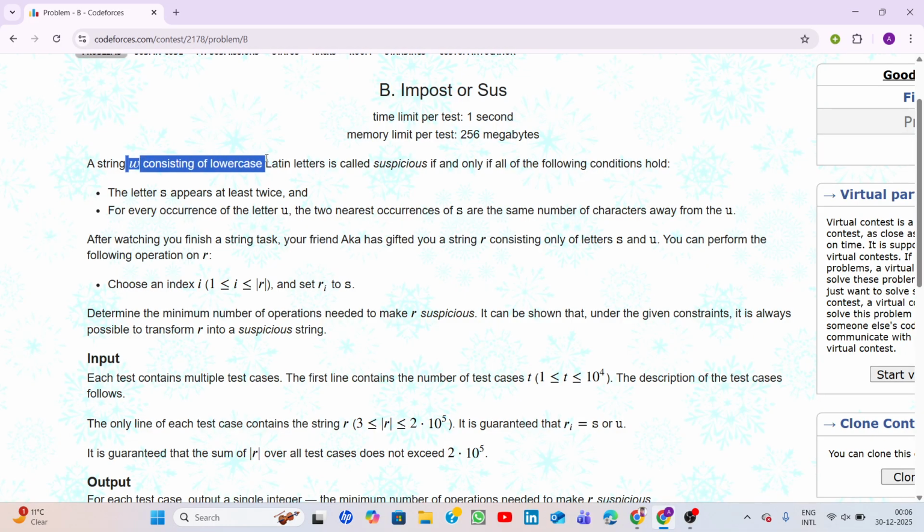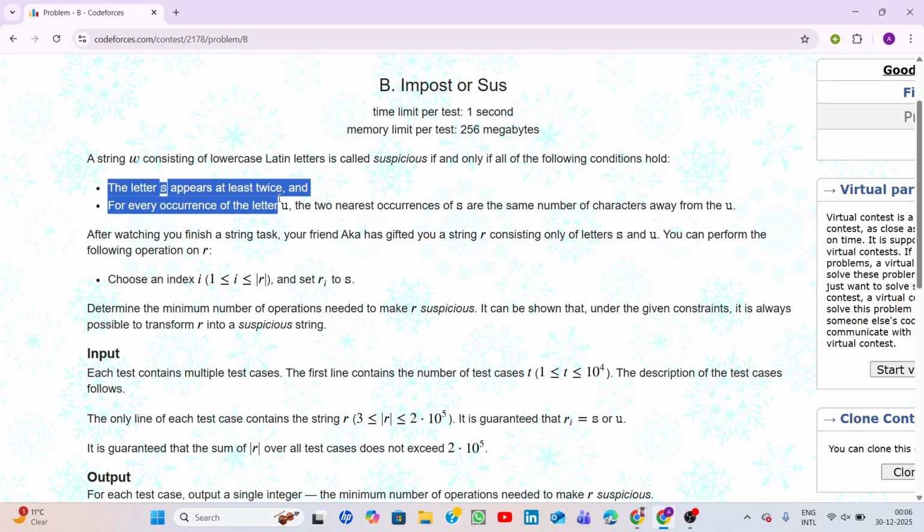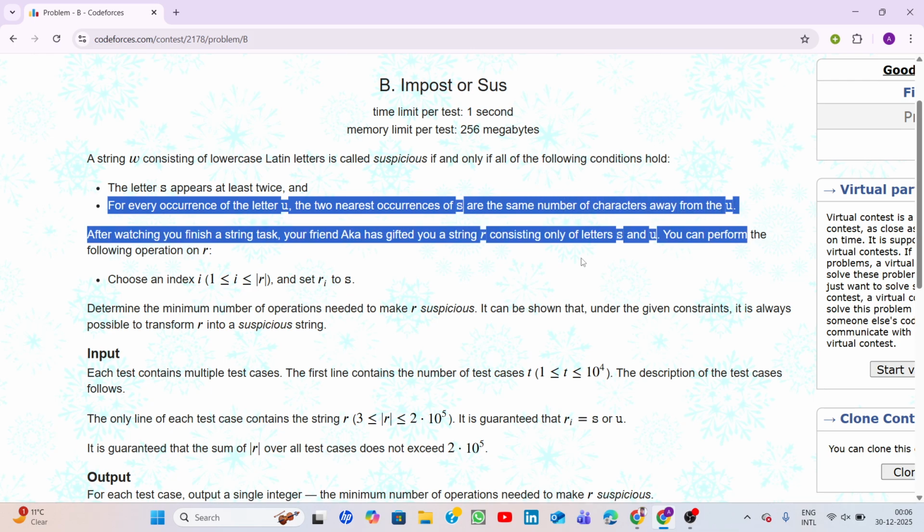A string W consisting of lowercase Latin letters is called suspicious if and only if all of the following conditions hold. The letter S appears at least twice, and for every occurrence of the letter U, the nearest two occurrences of S are the same number of characters away from the U. Yeah, I got the question.